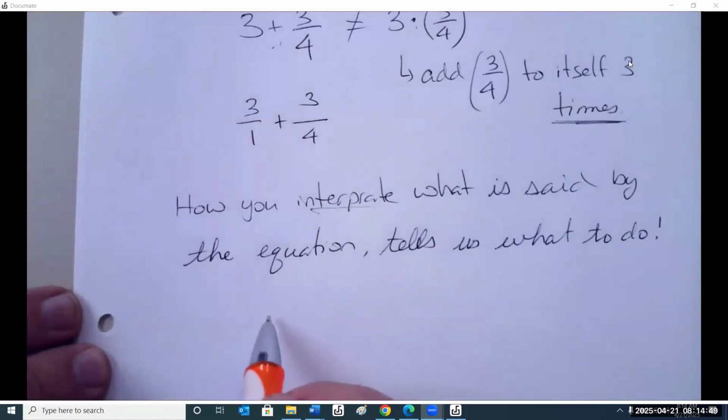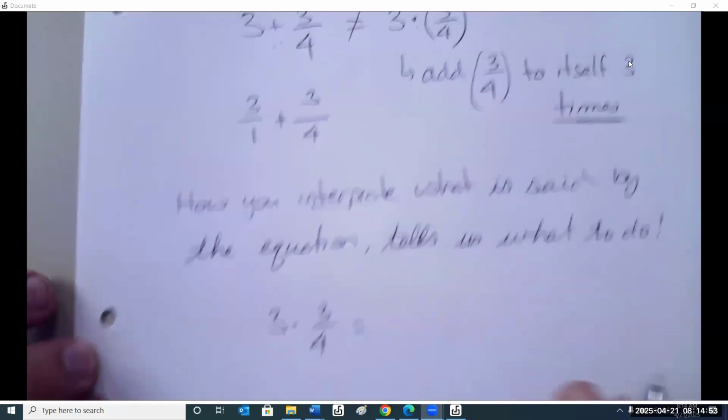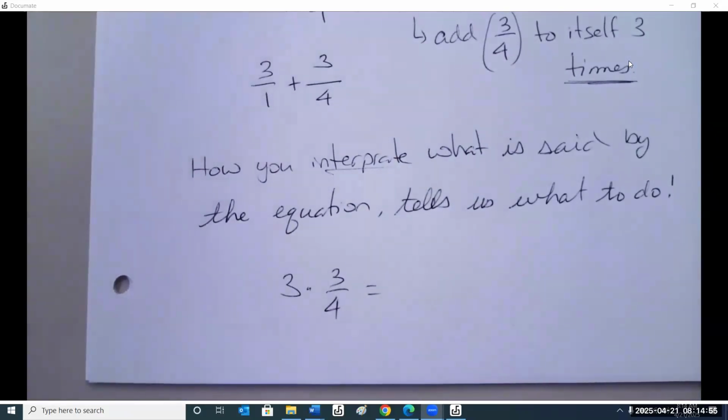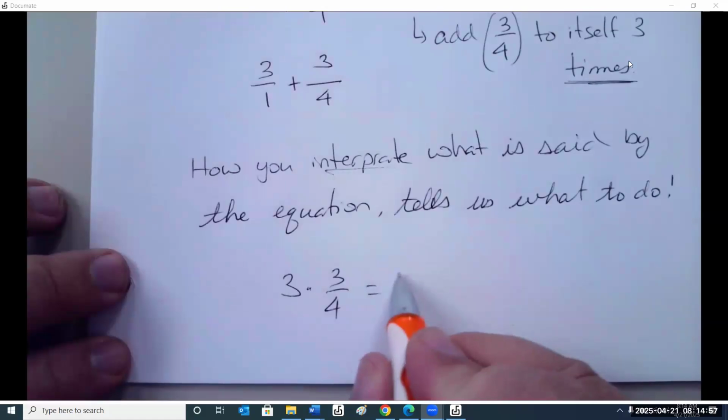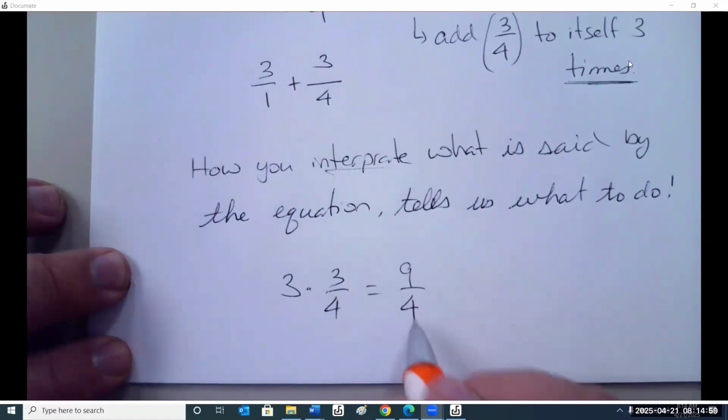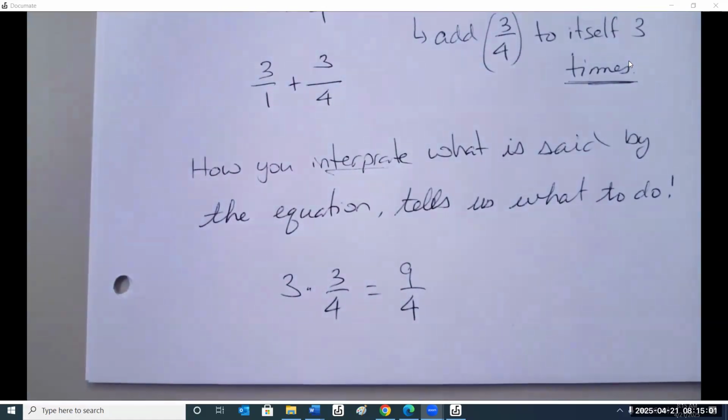So what is 3 times 3/4? As we said earlier, 9/4.